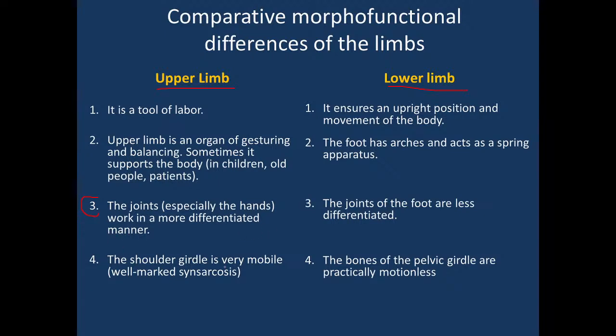It means that the movements are very different in comparison with the joints of the foot, because the foot is used just for standing and walking, and it lost its mobility and it lost the potential of the different movements.